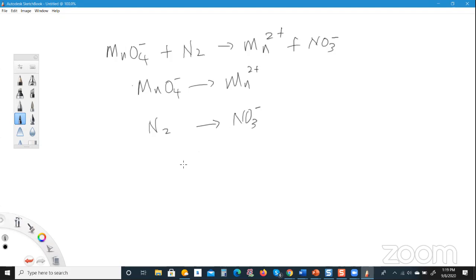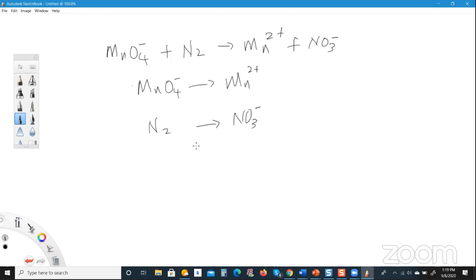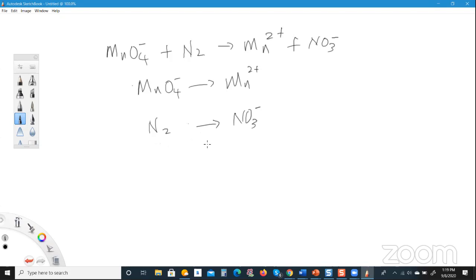So what's the next step? It looks like there's oxygens in both of those equations. But before you balance the oxygens, what's the next step? There's a step before balancing the oxygens.